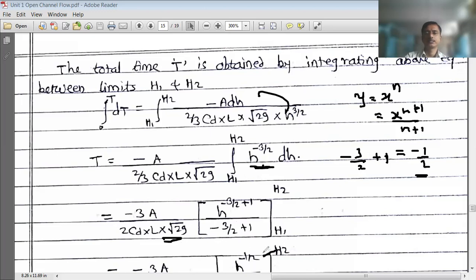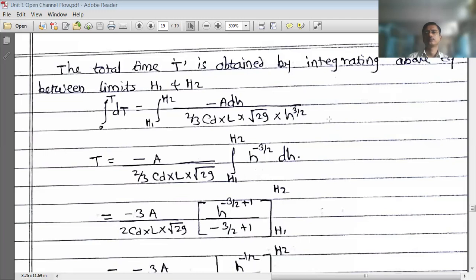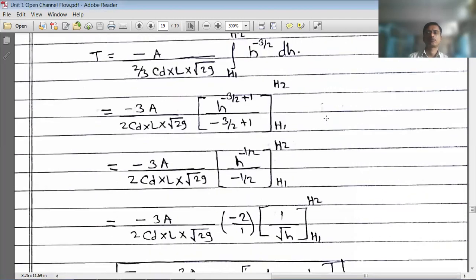Then I will put the limit inside this, the upper limit and lower limit. Both limits I will put there. And after putting this limit, now what will we get?